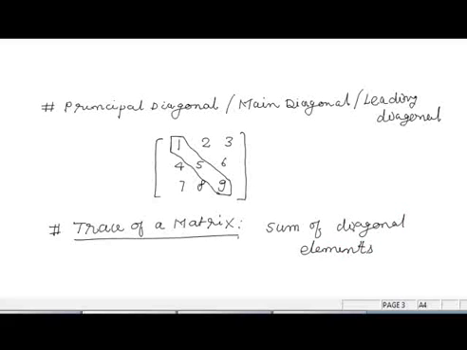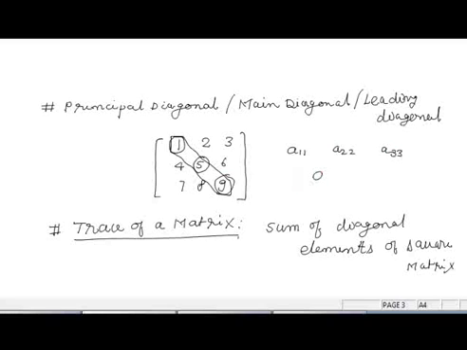The principal diagonal is referred to as the diagonal only here. As you can see, this element is A11, the second element here is A22, here it is A33.